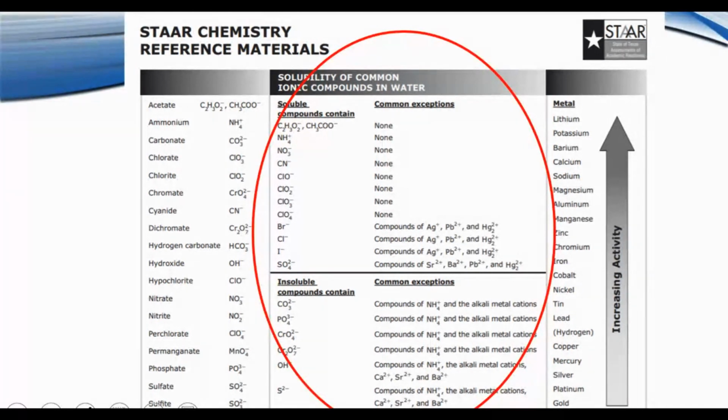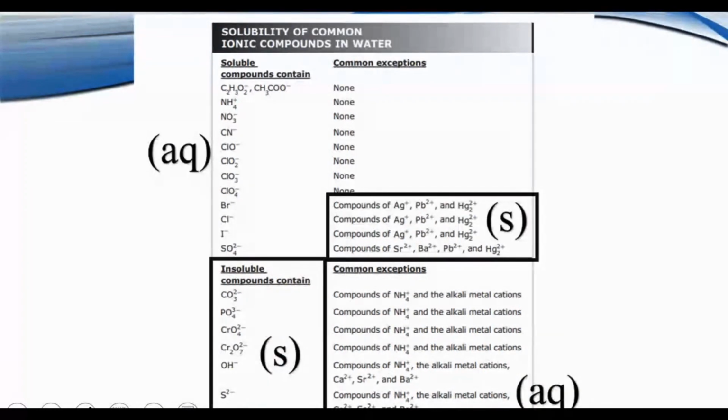So let's look at what each section of the solubility chart represents. So right here, soluble means that it can dissolve in water, meaning it would be aqueous, dissolves in water, right? Now, solid just means that, well, it's a solid. And once we have it in solution, meaning we put that particular compound in the water, it will not dissolve, meaning it's insoluble.